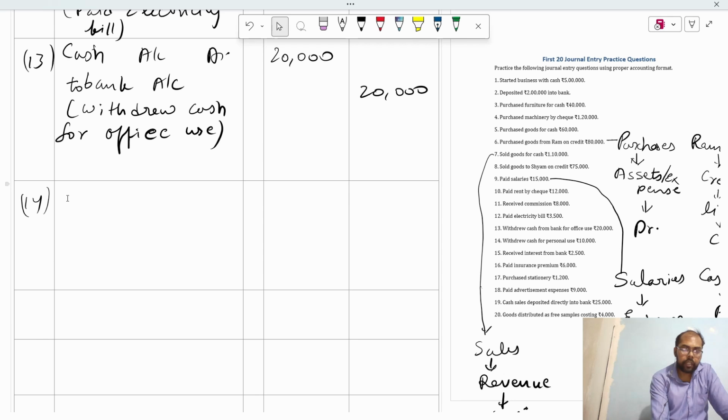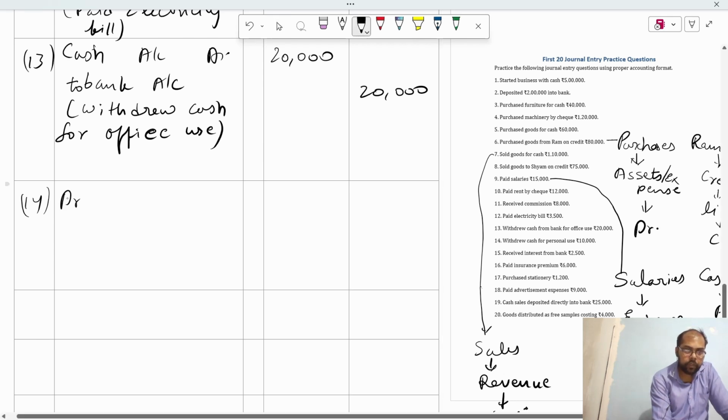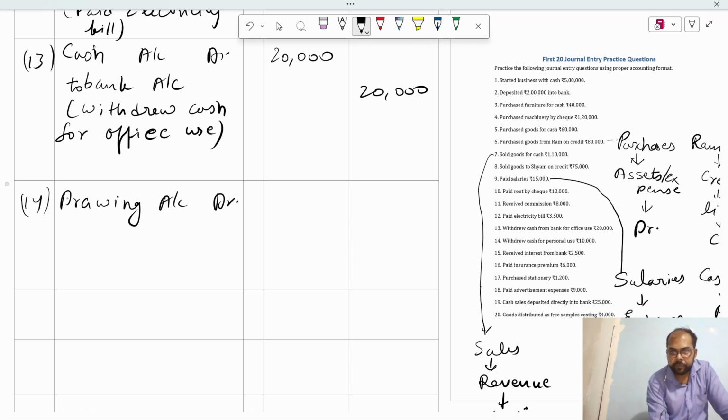Capital is a liability. Therefore, its reduction will be debited. And its reduction is known as drawing. Therefore, drawing account will be debited to cash account.